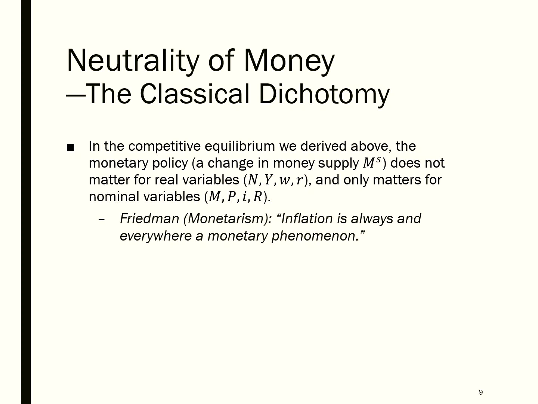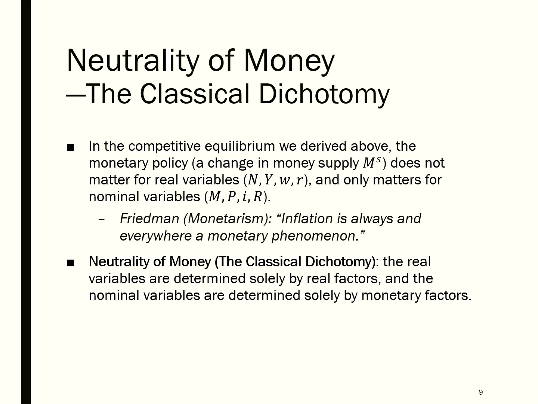Inflation is always and everywhere a monetary phenomenon. So if monetary policy changes, it is always related to inflation and has nothing to do with the real side of the economy. It is also called neutrality of money because the monetary policy effect is neutral to the real side of the economy.